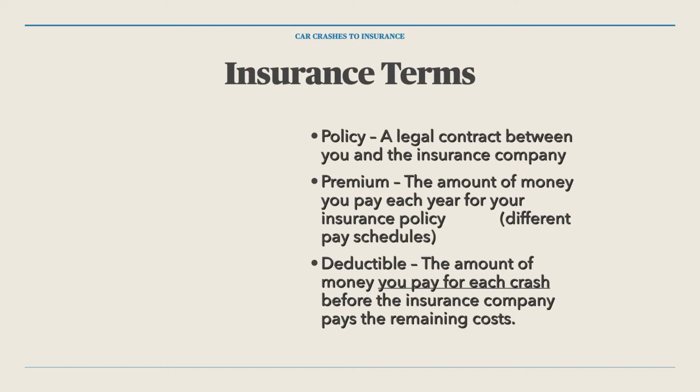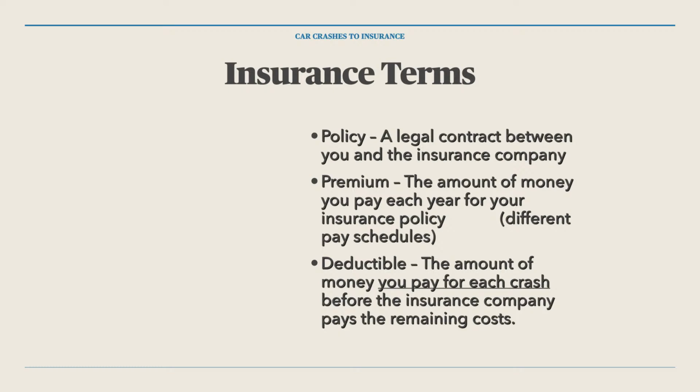And by the way, the first one, a policy, is a legal contract. It's something that's yearly. It's between you and the insurance company. They're the ones that draft it. They're the ones that formulate it. You're the one that agrees to the terms of it.